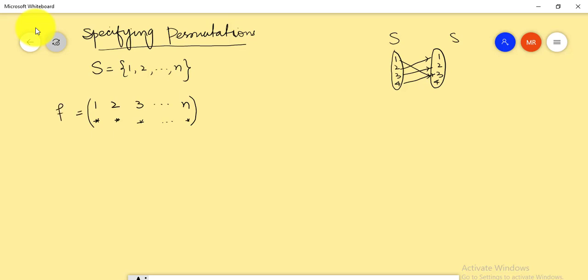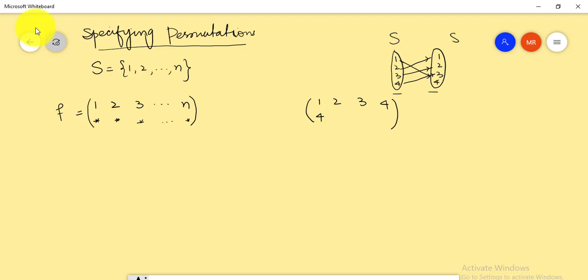For example, if for this example we consider this representation, we write the elements of the set S in the first line. And then underneath 1, we write its image, and we see here that 1 is mapped onto 4. So underneath 1, we write its image 4.